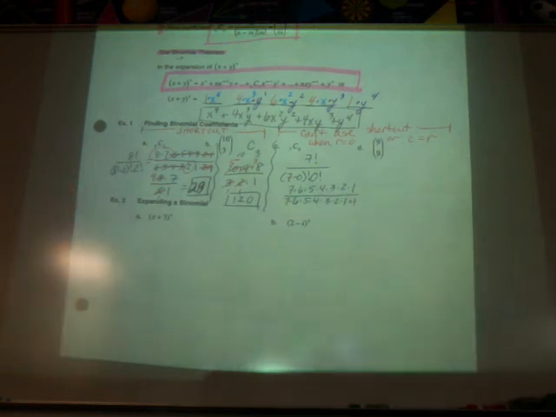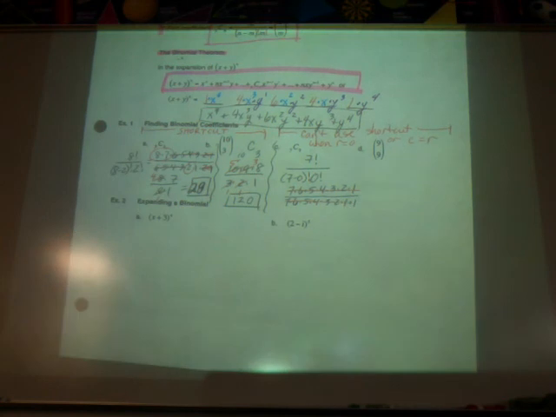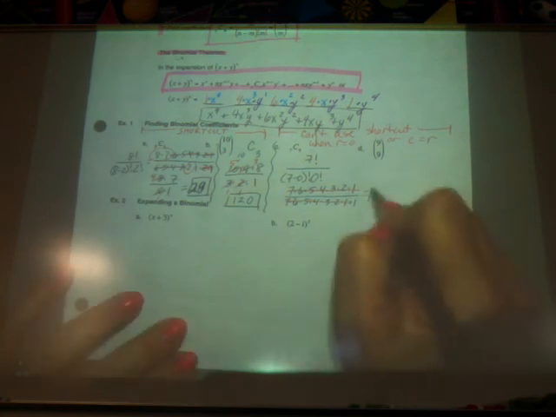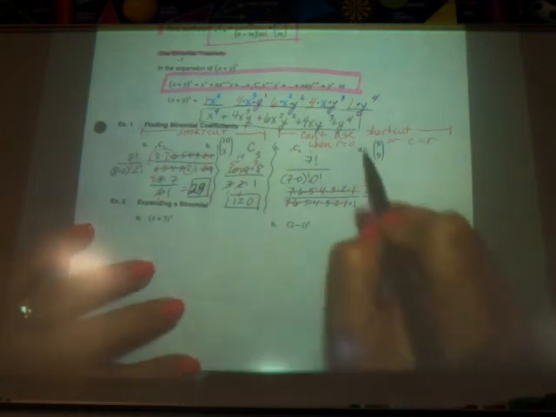What happens? All of that cancels and all of that cancels. And isn't your answer equal to 1? Now these are giving you coefficients, by the way.